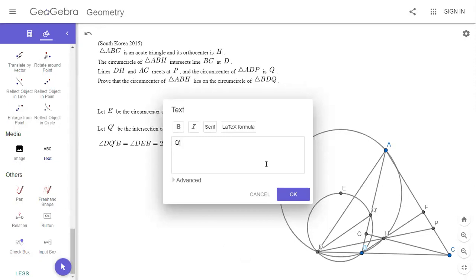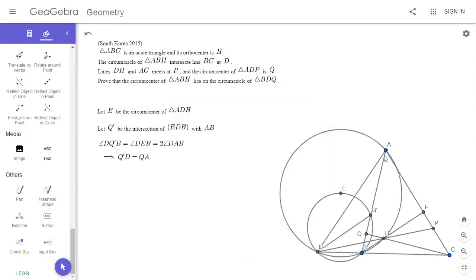So we have Q prime D is equal to QA from that. All right, because this plus this is twice that.